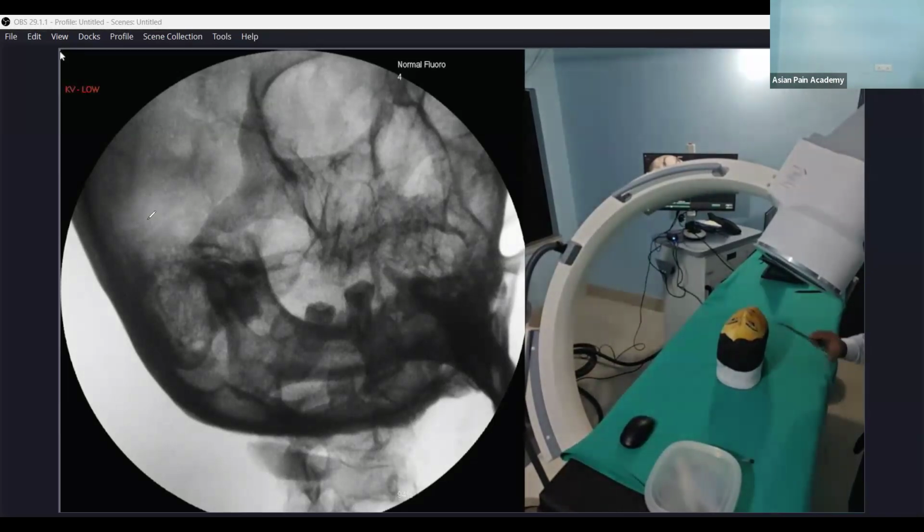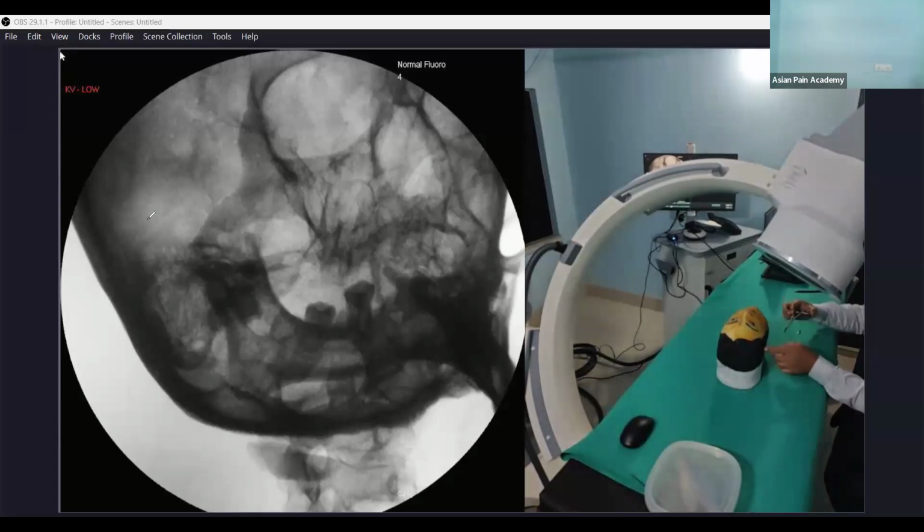This is the approximate entry point for the needle. When you are entering, you are going to a plane which is just above the external auditory meatus.